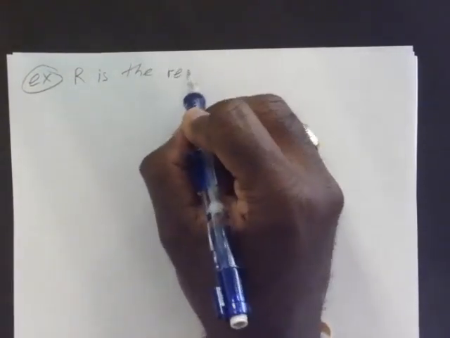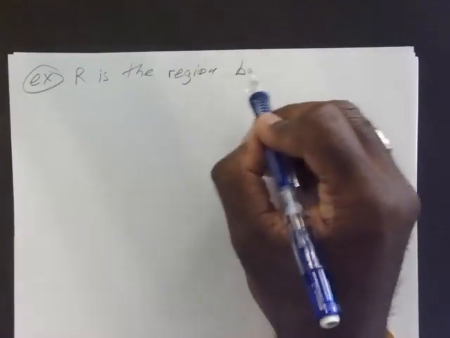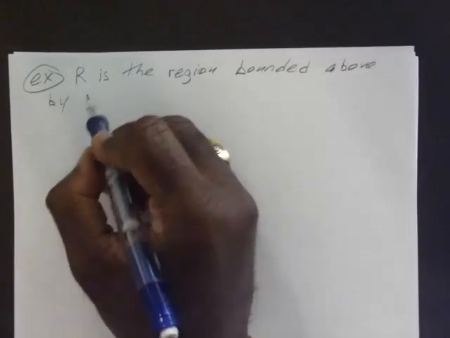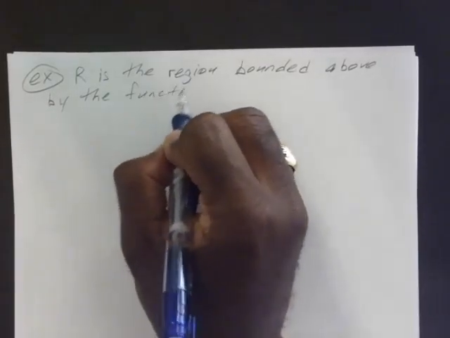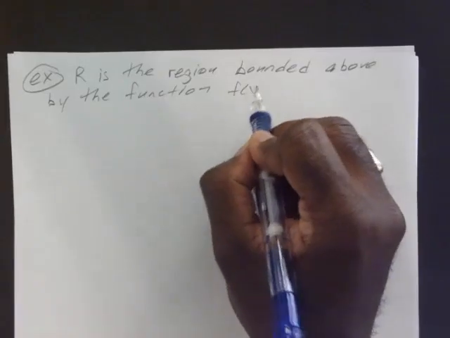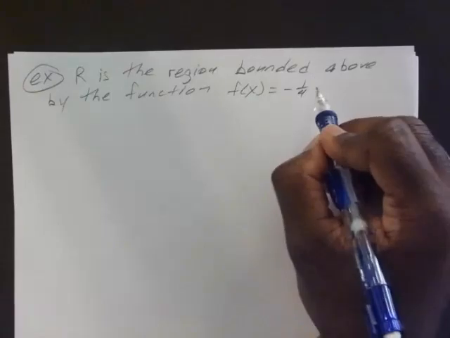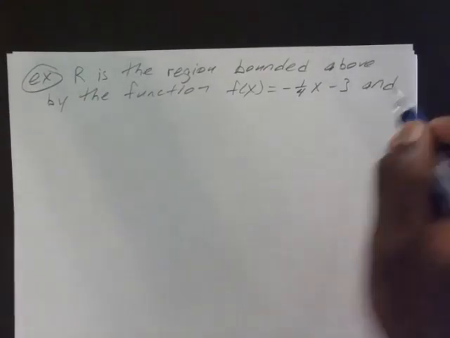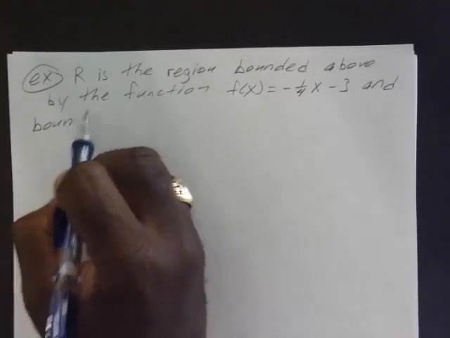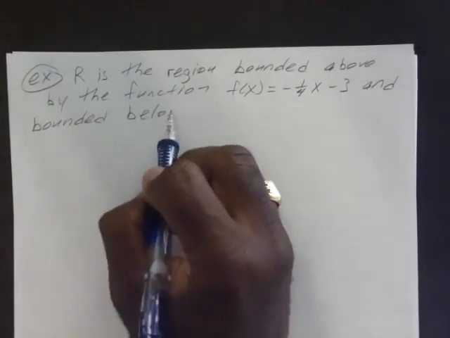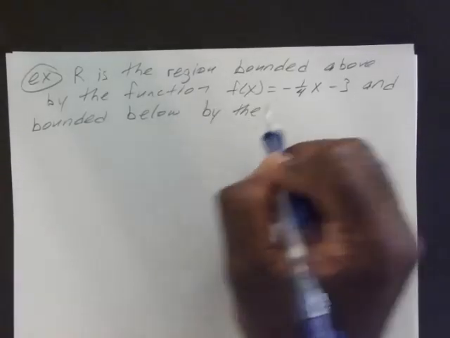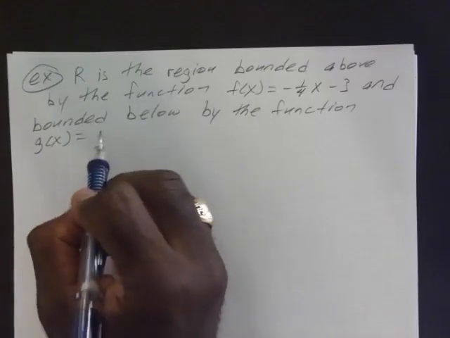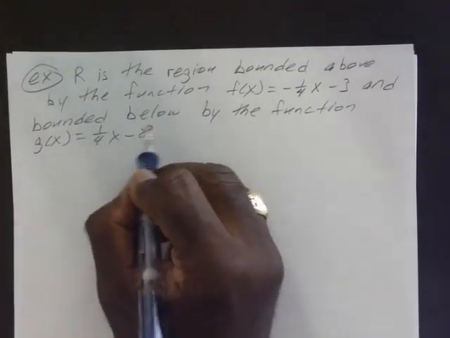R is the region bounded above by the function f of x is equal to negative 1/4 x minus 3, and bounded below by the function g of x is equal to 1/4 x minus 8.